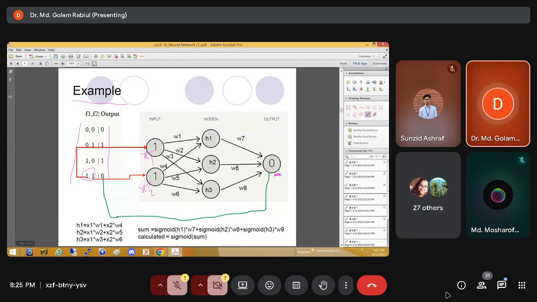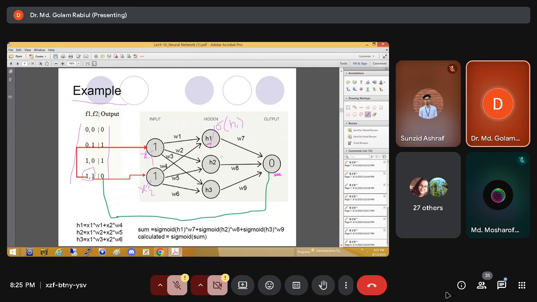In our last lecture, we discussed the equations of the forward pass, like how to calculate the hidden layer summations, or hidden layer sum. Then we pass this sum to the activation function, the sigmoid function we utilized as the activation function, and we got the hidden layer results.